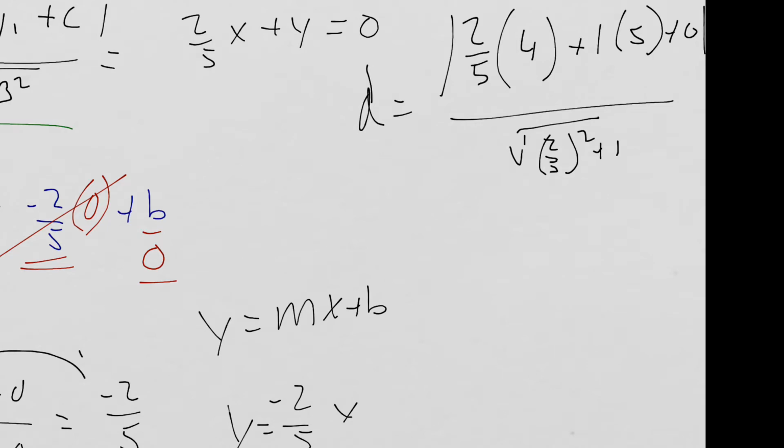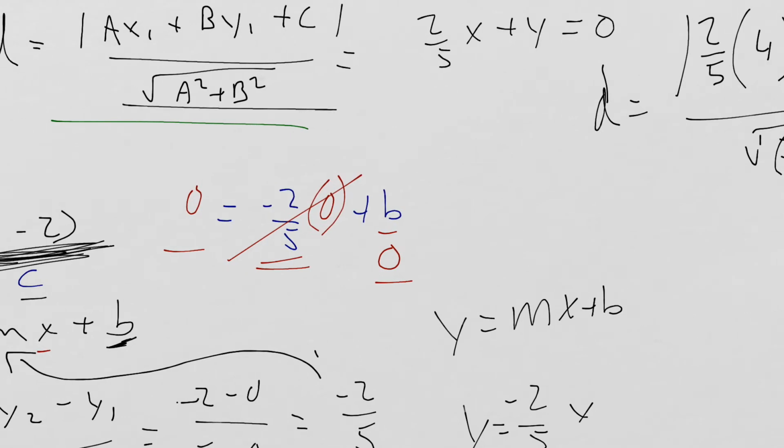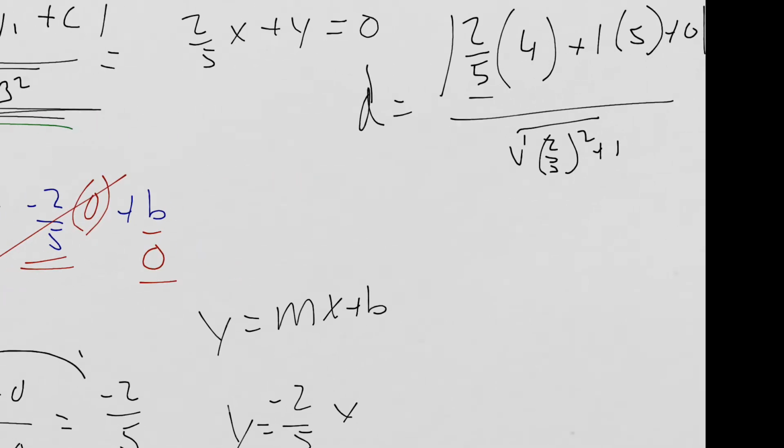So here's my calculation. Here's the formula. Here's my A. Here's my x1 from point B. Here's my B value right here. This is my y1 from point B, and then my C value is 0. There's nothing here. Over the square root of 2/5 squared plus 1 squared.